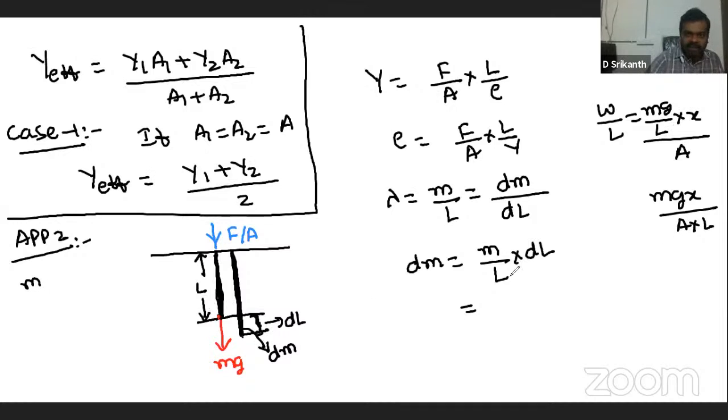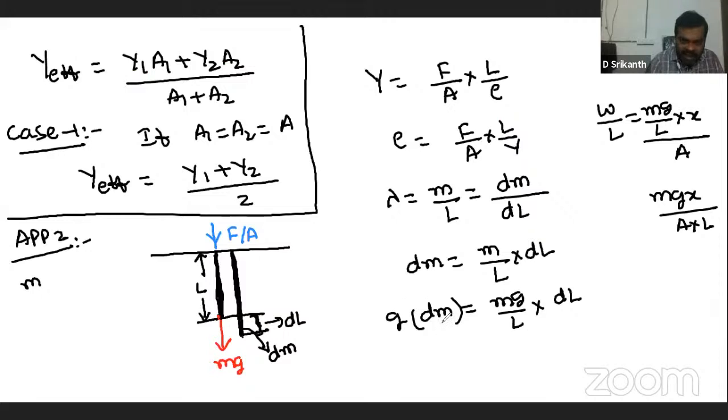For this small mass, we have m by L into dl. If you multiply by g on both sides, we get mg by L into dl.